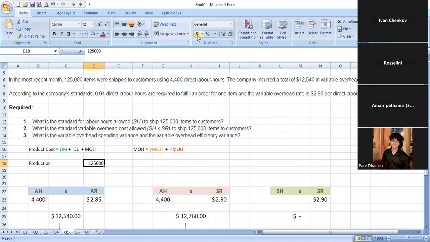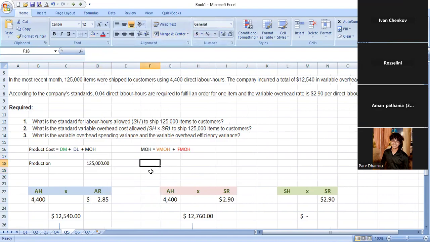And based on my standards, per unit, how much do I need? 0.04 direct labor hours. So where will my standard hours to produce those be? It's going to be this one multiplied by that one. I need 5,000 hours.